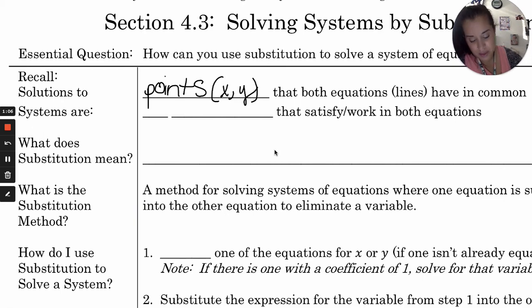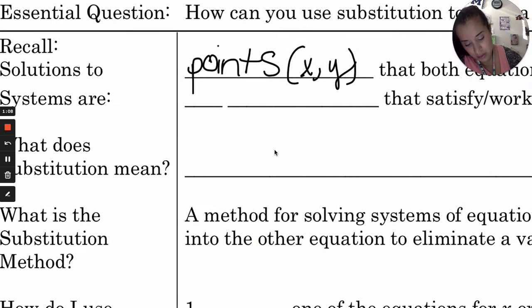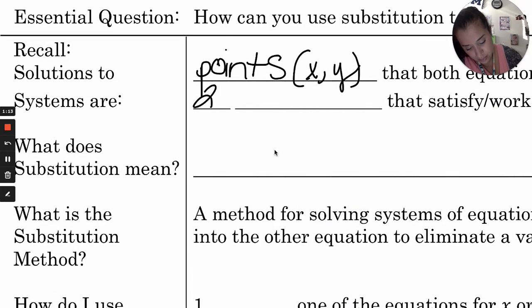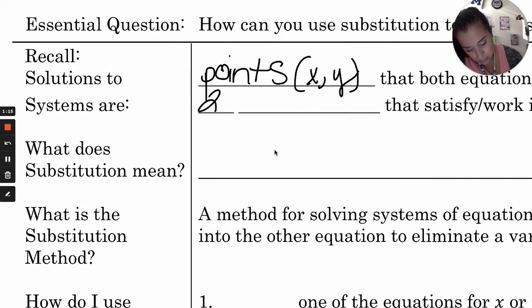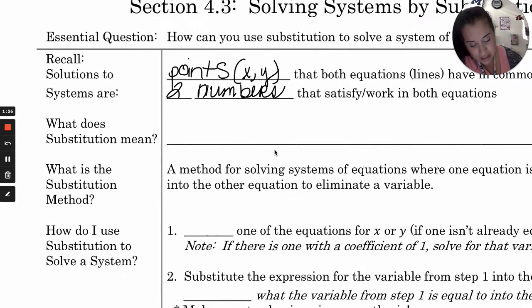They're also two numbers that satisfy or work in both equations. So those are just solutions to systems.